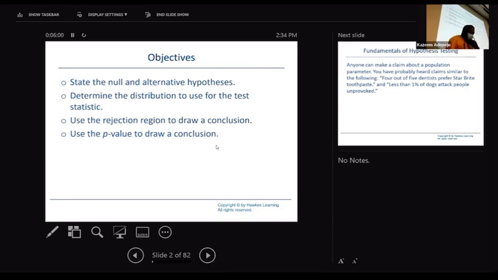And you know what? If somebody comes out with a claim, and we now want to investigate that, then that is what we call hypothesis testing. What does that mean? Testing the validity of a claim. Pfizer, Moderna, Johnson & Johnson, AstraZeneca, they actually claim to have developed a COVID vaccine with certain efficacy rates.